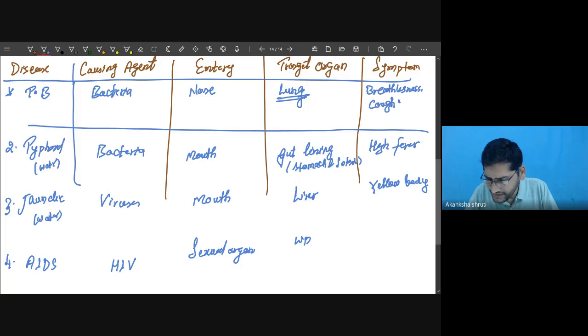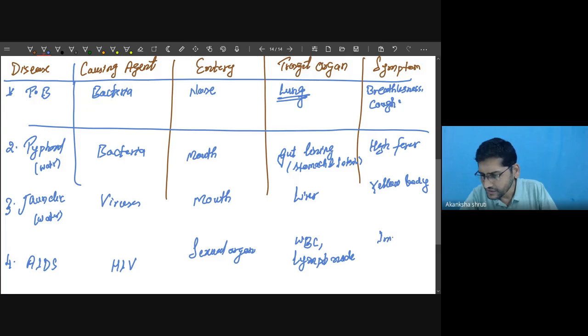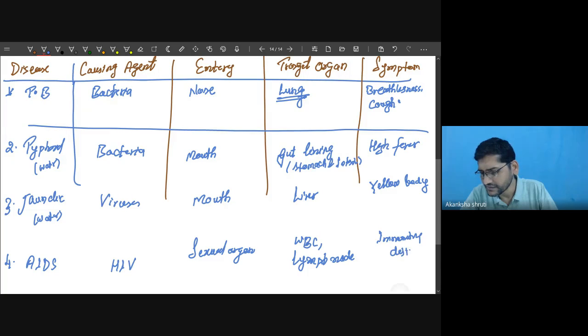The white blood cells are damaged, and the lymph nodes are damaged. This lymph and WBC is spread all over the body, so immunity is destroyed.